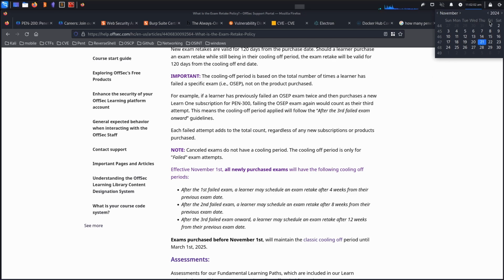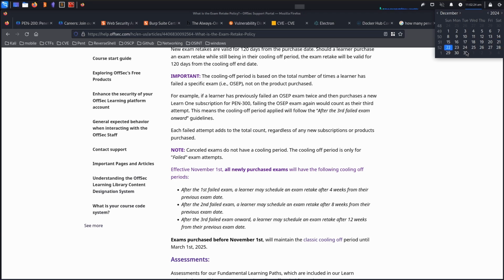I went and moved from the 2024 to 2025 on accident. We're looking at 22, 29, 6, 13. So realistically, I think I could take it here on the 14th. I could do 14, 15, maybe.